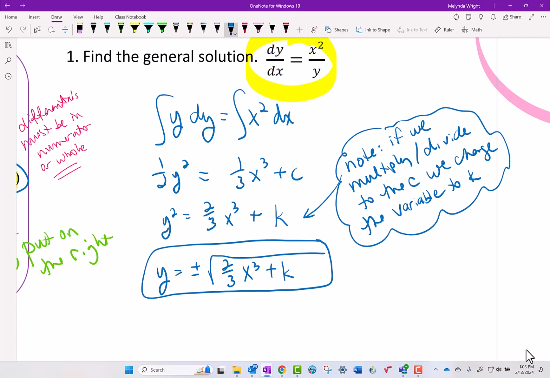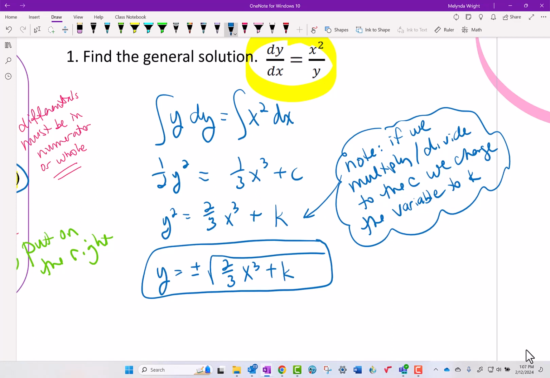That would be the standard thing to do: if we're going to multiply C or divide C by some number, then we just change the variable to a K. That just shows that, yeah, that's not the original C that we put in. It's been messed with.